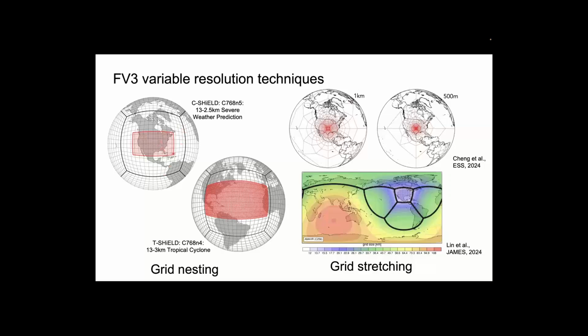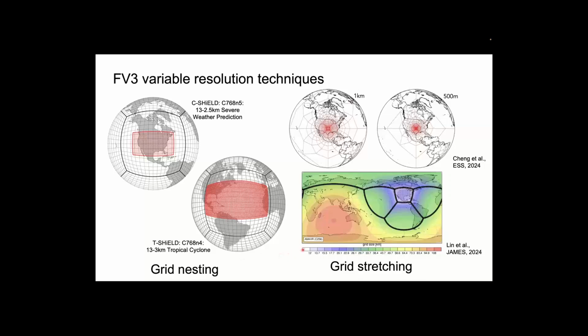Here, this is a snapshot of our SHiELD configuration, basically a 13-kilometer global domain with a nest of around 2.5 kilometers for severe weather prediction. We have another configuration here called T-SHiELD, where we have this very large nest over the Atlantic for tropical cyclones.